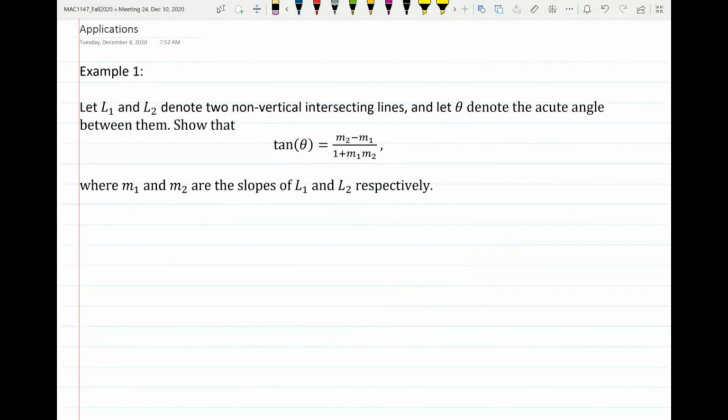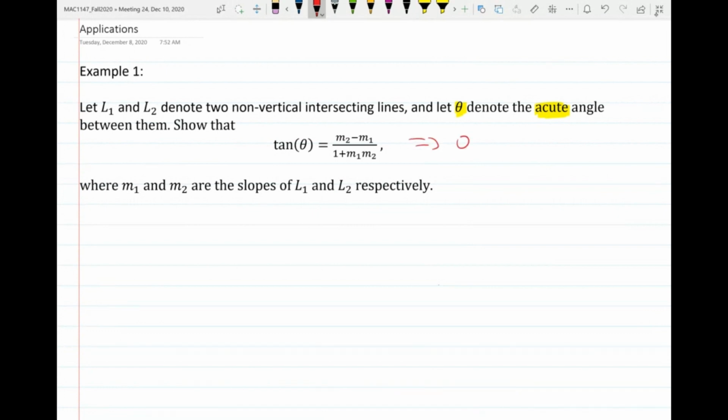All right, so again, notice that once we do this problem, this will give you a way of figuring out angles between lines, okay? Because if you have the two lines, that means you have the equations, so you have their slopes. This formula will allow you to come up with the tangent of the angle of intersection, and then you can find the angle by just doing inverse tangent, right? Because theta is acute, so that means that it's in quadrant 1.